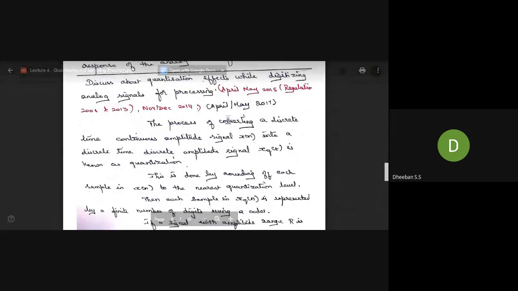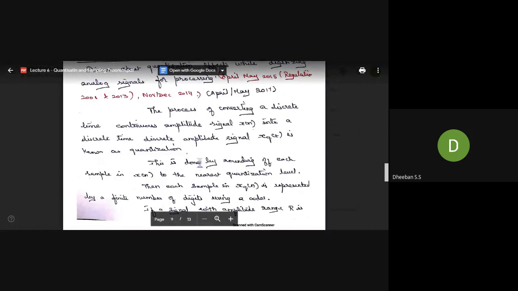The process of converting a discrete time, continuous amplitude signal, that is x of n, into a discrete time, discrete amplitude signal, that is, continuous is changing into digital. In the first class we saw continuous signals and discrete signals, the same thing here also.